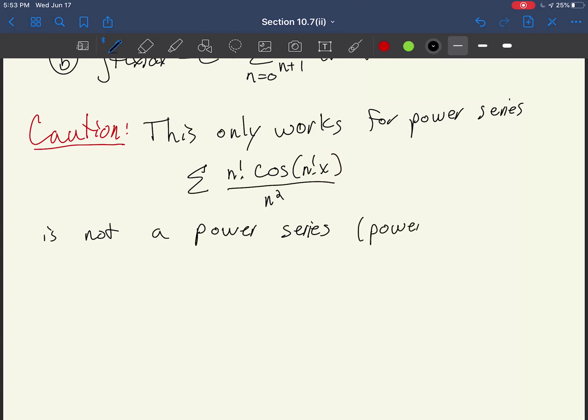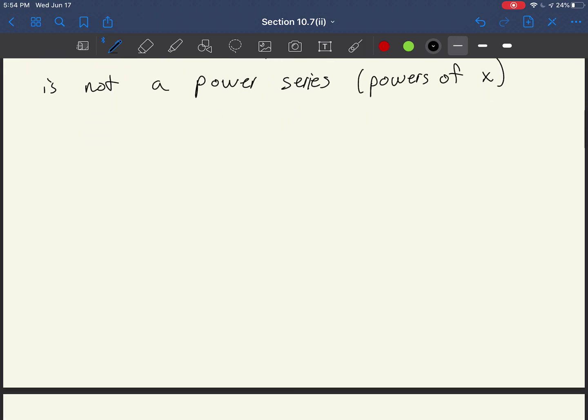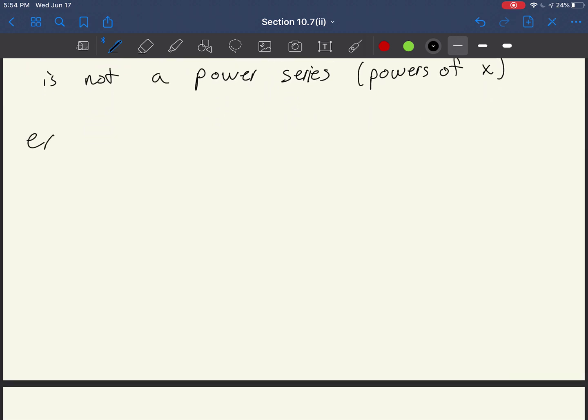Yes, it has x's in there, but the definition of power series is that you are adding powers of x. You're not adding some random function of x, you're adding powers of x. And here you don't have powers of x. So just make sure whenever you see something that looks like a power series that it actually is a power series.